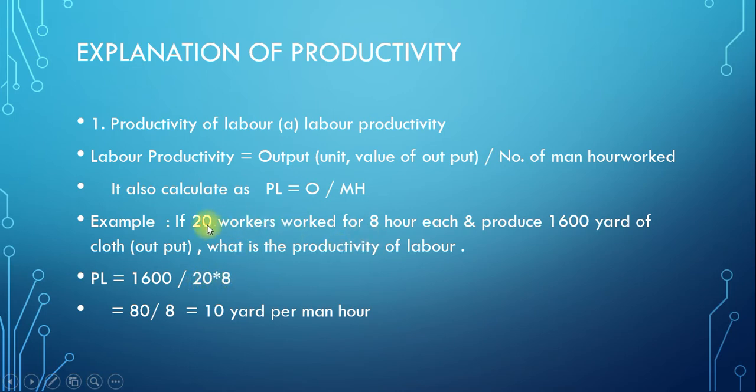In the problem they have given 20 workers who work 8 hours each, so we calculate 20 multiplied by 8, which is 160. Then 1600 divided by 160 gives us 10 yards per man hour. Means if 20 workers work for 8 hours each, their productivity per labor or per man per hour is the calculated yards.